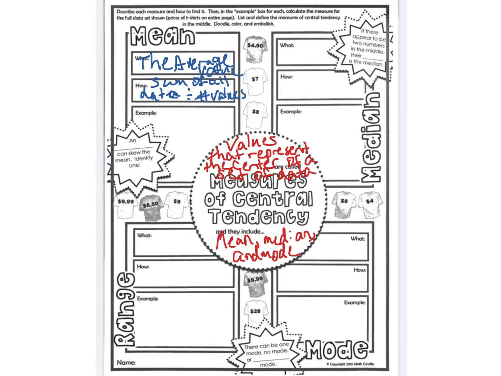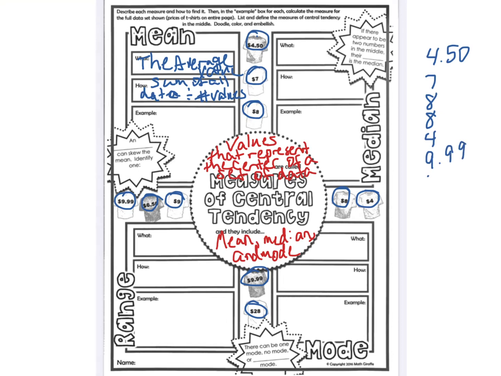So we have all these t-shirts here, and they're selling for different amounts of money. So we're going to find the mean of the t-shirts. We need to add up all these values: 4.50, 7, 8, 8.4, 9.99, 6.50, $9, $9.99, and $28.